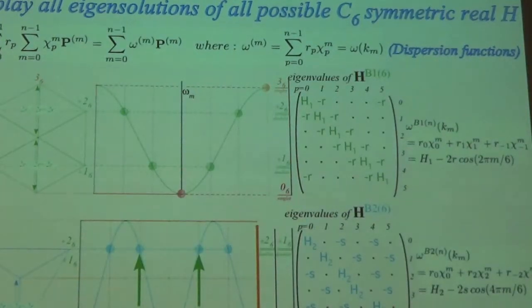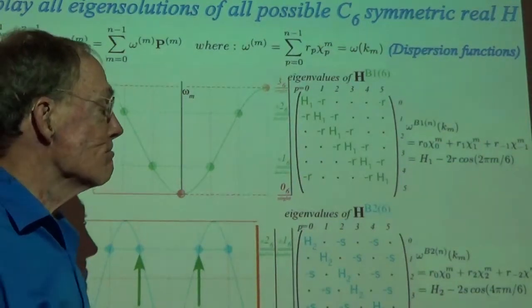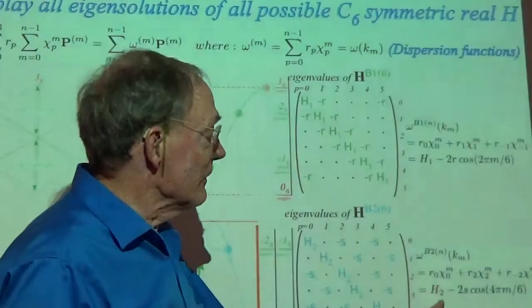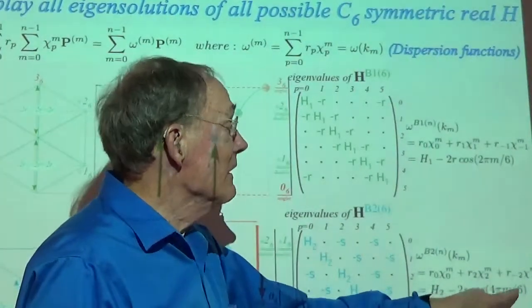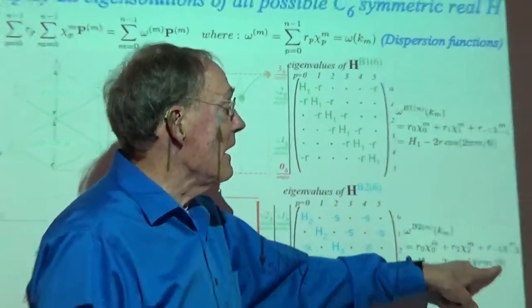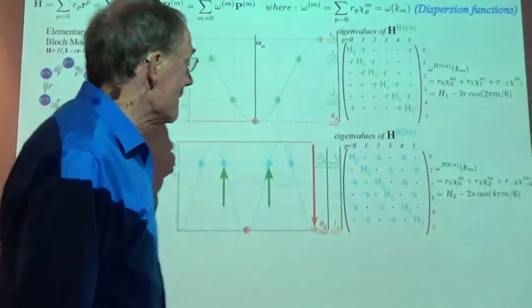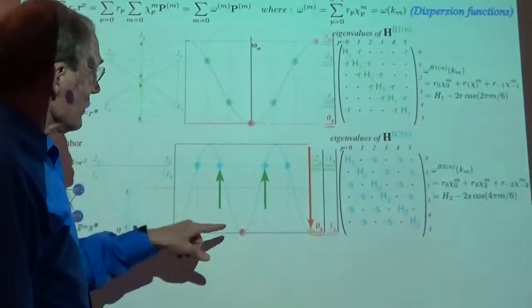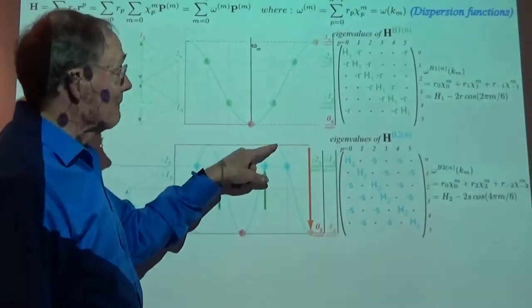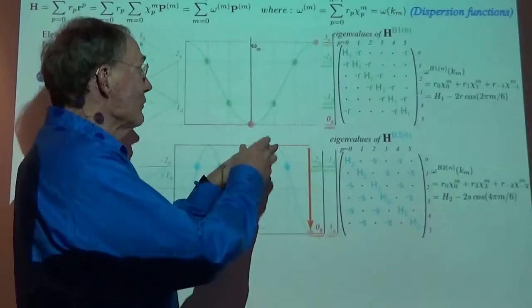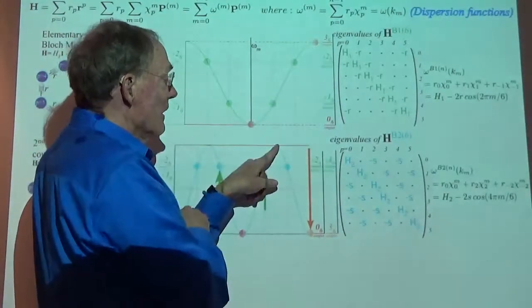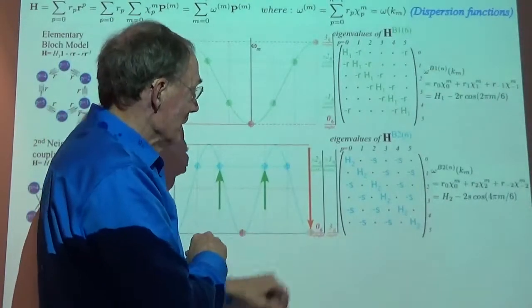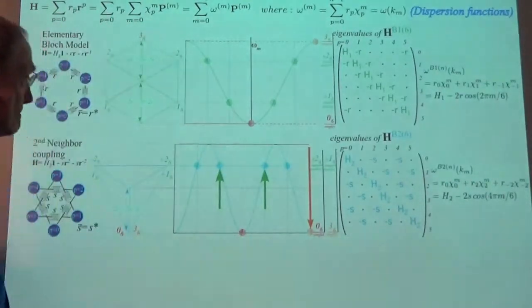Okay, suppose I had second neighbor coupling, just for the sake of argument. All right? Well, it'd be the same kind of a thing, only it would involve these s's, and it would be 2 pi, 2 times 2 pi, 4 pi m over 6. So what I get is a cosine wave that comes to the top quicker, twice as fast, or at half of this one's distance, and then goes back down again and does the same thing on the other side.